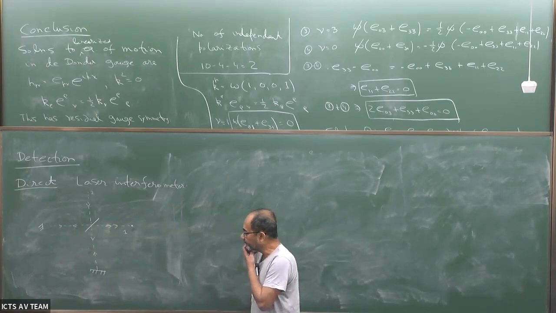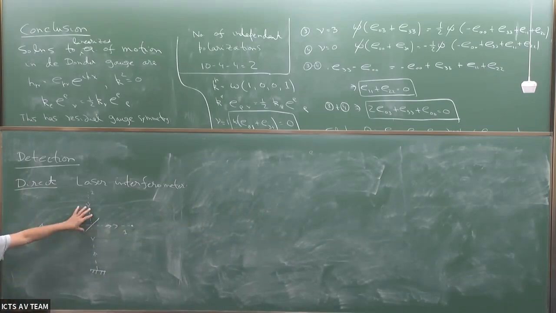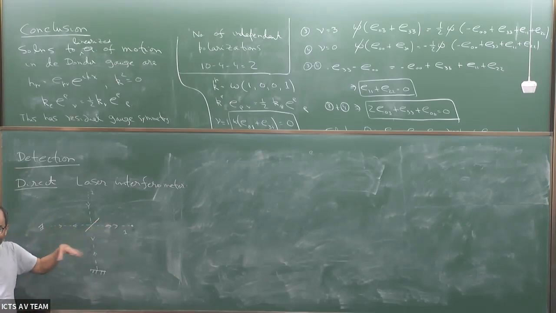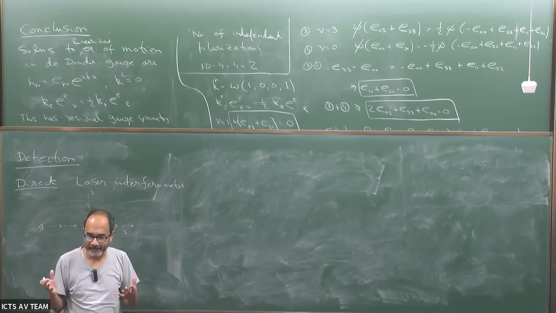Now, of course, you have set up your detector, and you cannot guarantee that the gravitational wave will come like this. If it comes like this, you are lucky. In general, it may come from some arbitrary direction with some arbitrary polarizations, and you can work out how much the change will be. If you are extremely unlucky, you will not see any change.